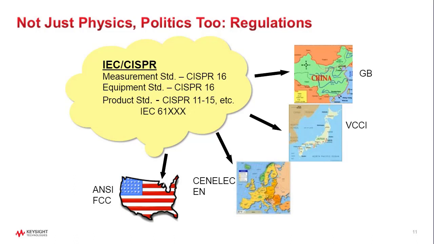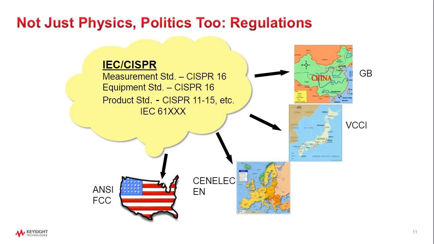Slide 11 describes some of the different continental regulatory agencies. In the United States, of course, the FCC. And then, in a general sense, we see a lot of what's referred to as CISPR regulations. That's CISPR.